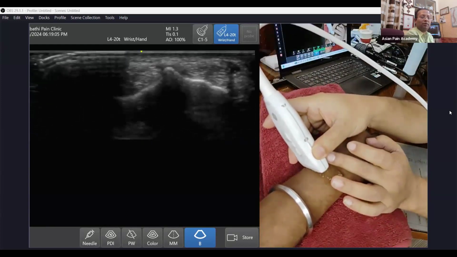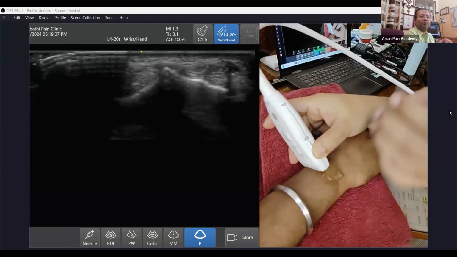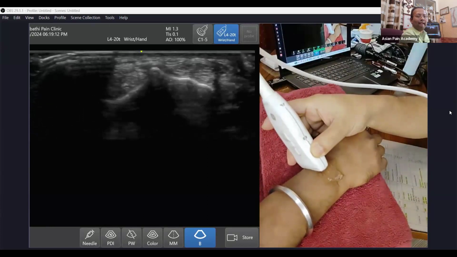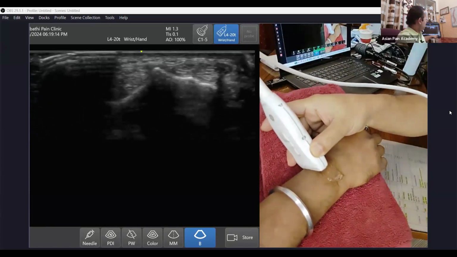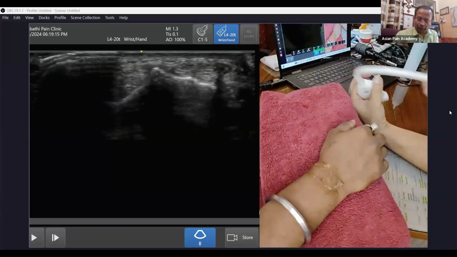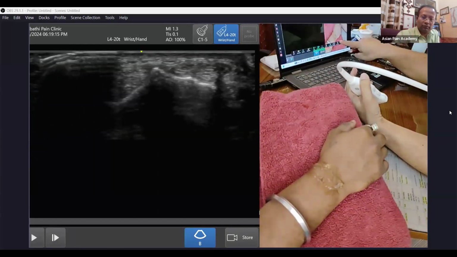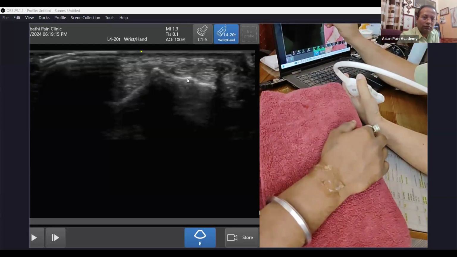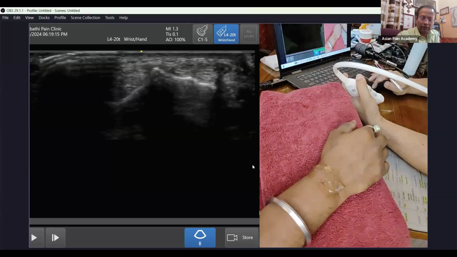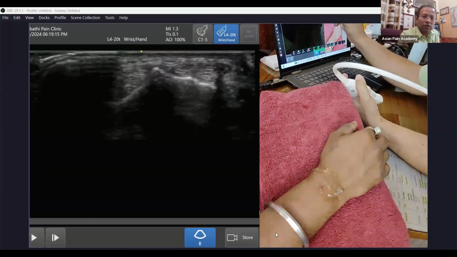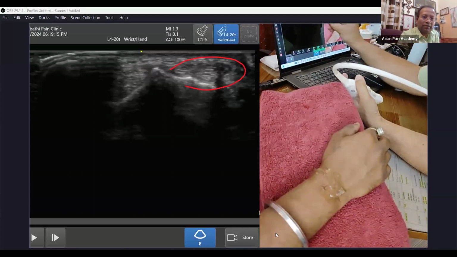So this is compartment number 1 above the radial styloid process.